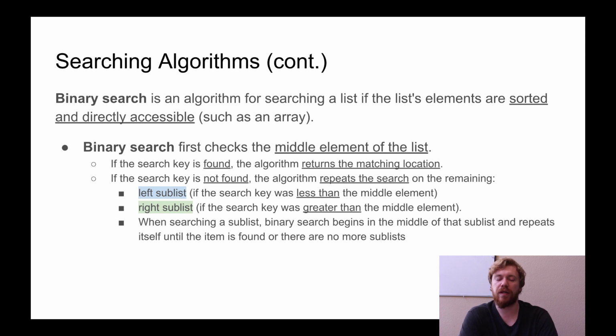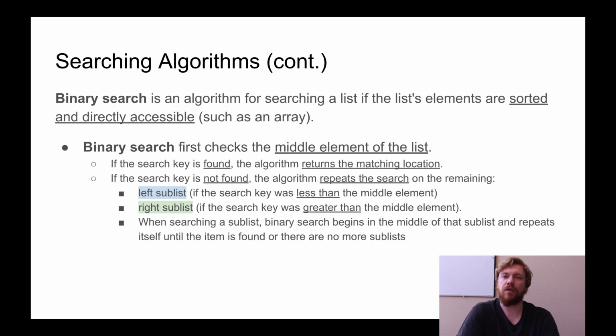The index into the array, that's what it will return. Now, if the middle element that you are looking at is not the search key, then the algorithm will repeat the search on the remaining left sublist if the search key was less than the middle element, or the right sublist if the search key was greater than the middle element.